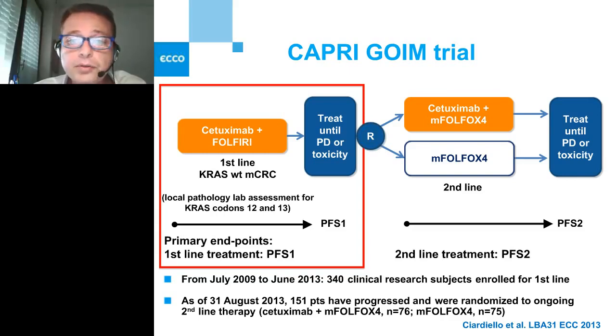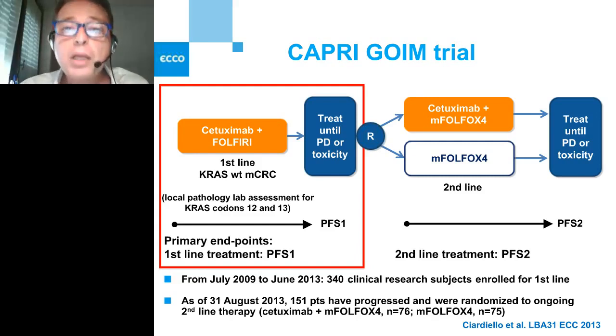We found a response rate of 56.4% and a median progression-free survival of 9.9 months. And this is really what you expect in a population of subjects with a metastatic colorectal cancer that are selected for being wild type for mutations of KRAS in exon 2 and are treated with the chemotherapy of cetuximab plus FOLFIRI.